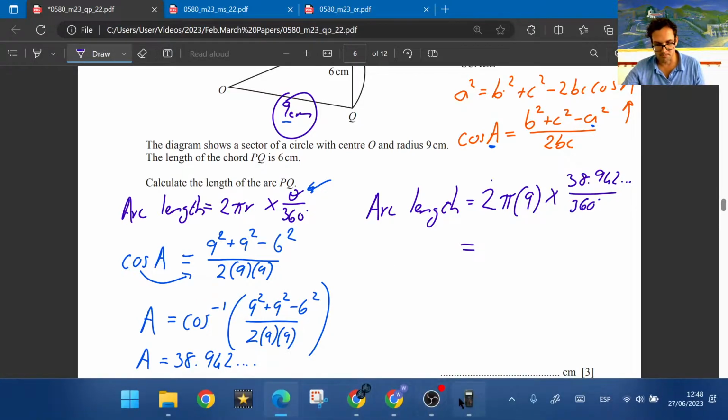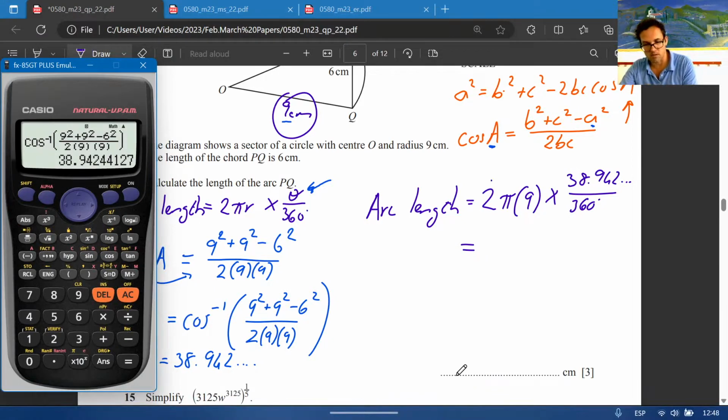So let's do that. Okay, so we're going to start with 2 pi 9 times. So what I'm going to do now, I'm going to insert the last answer there. So that's even more accurate. Got the whole answer there, 360. That's what we got, 6.117.